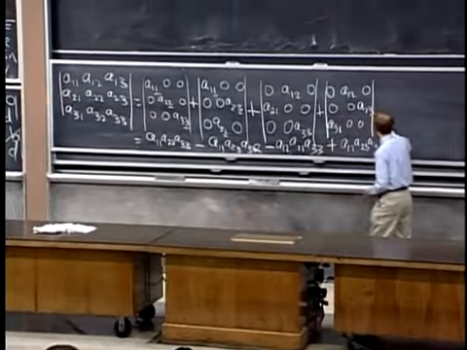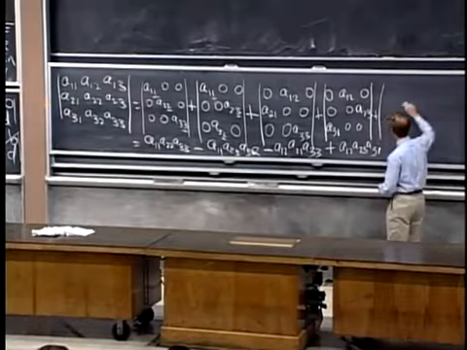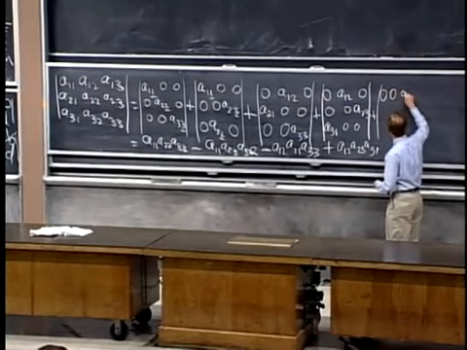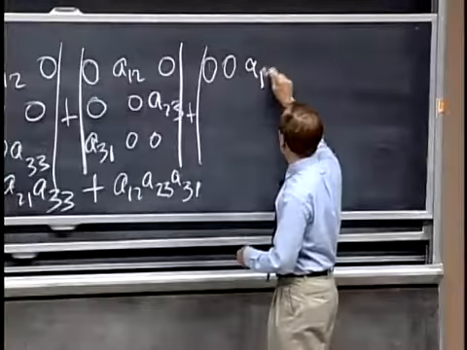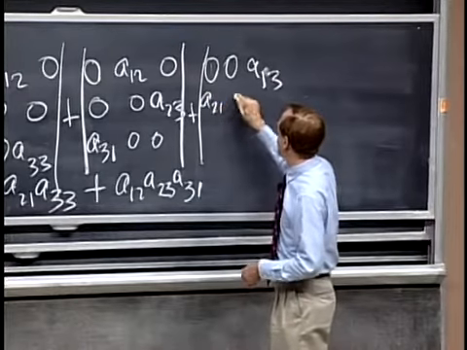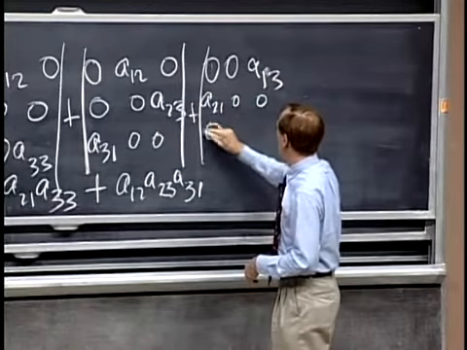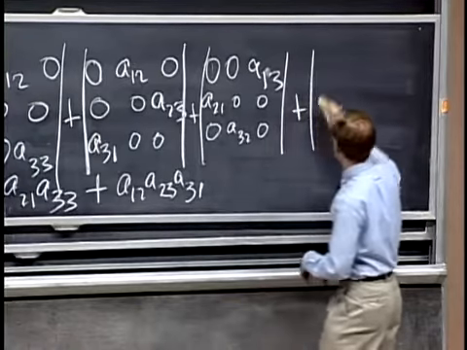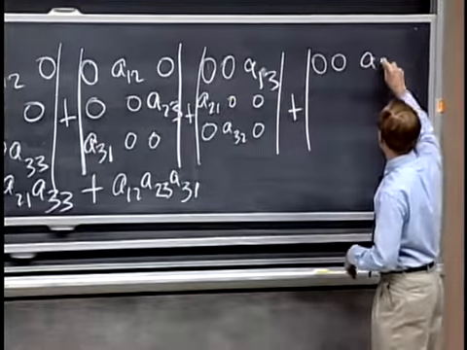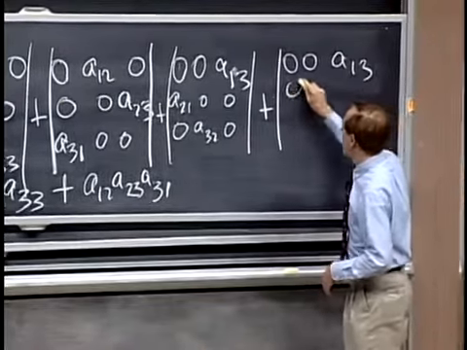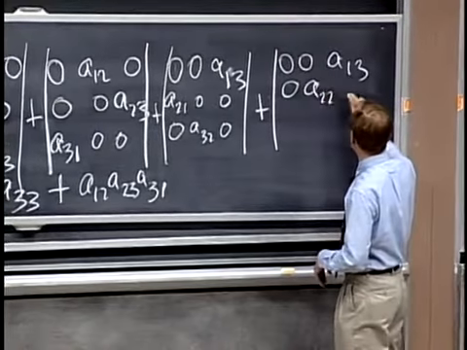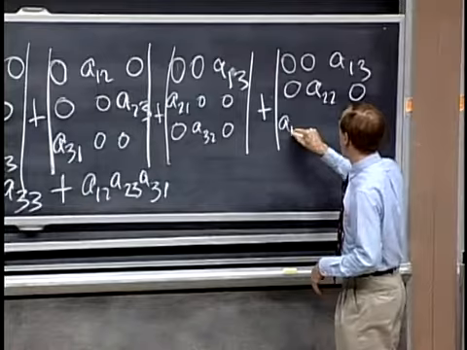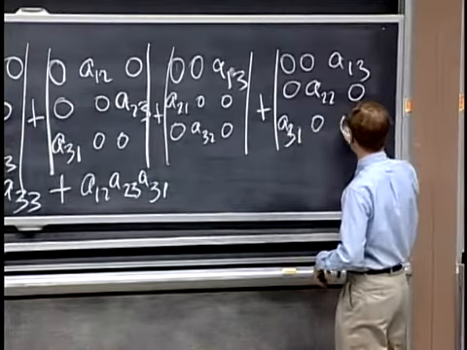Okay, and then finally we're going to have two more. 0, 0, A13, A21, 0, 0, 0, A32, 0, and one more guy, 0, 0, A13, 0, A22, 0, A31, 0, 0.